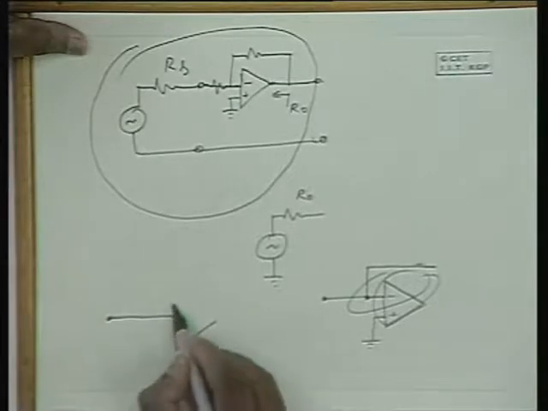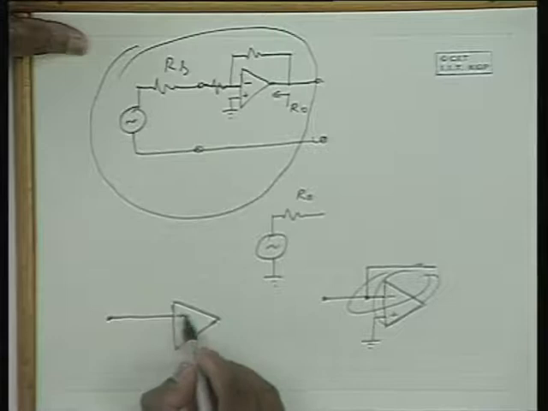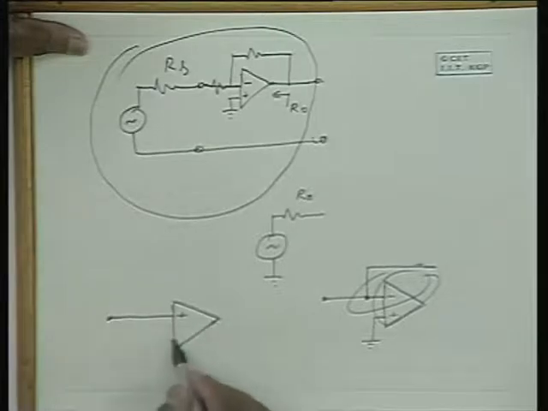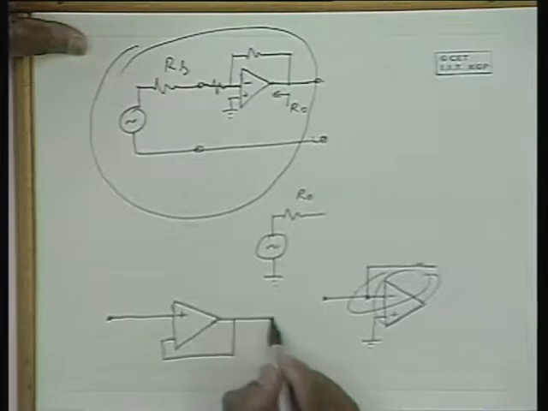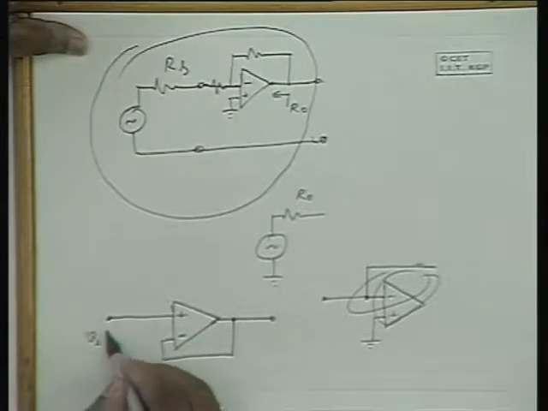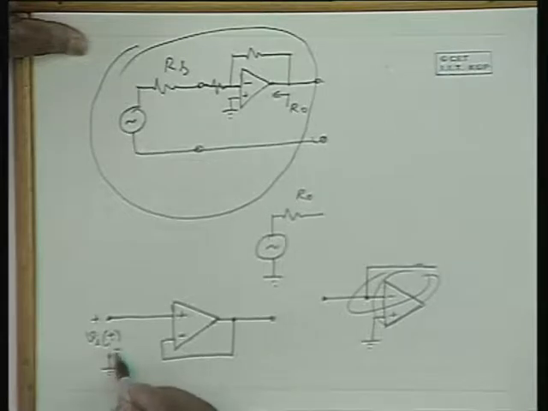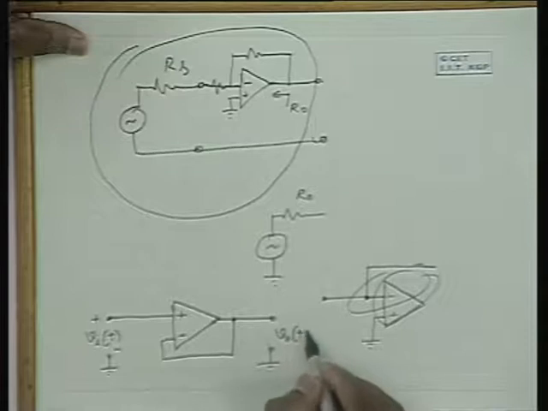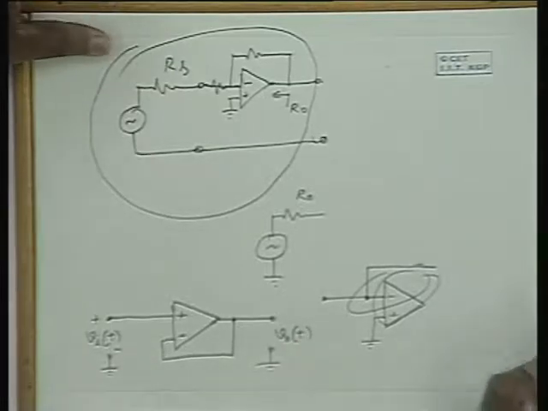You apply the input to the non-inverting terminal and provide feedback by shorting the output terminal and the inverting terminal. Now if I apply VIT here, you will get V0T, which is equal to VIT itself.